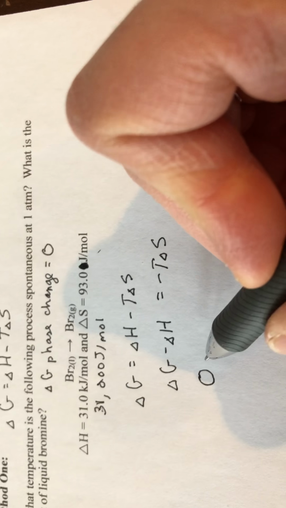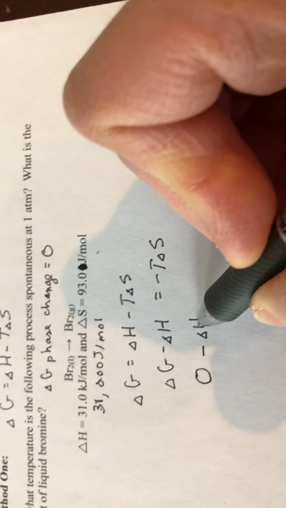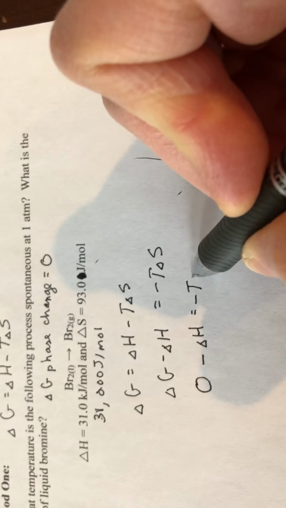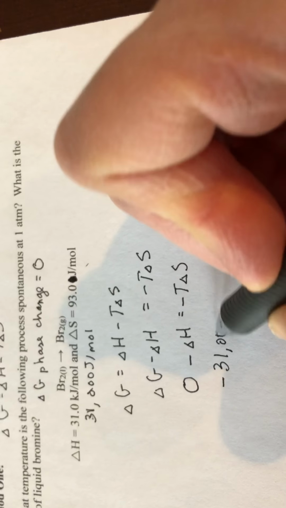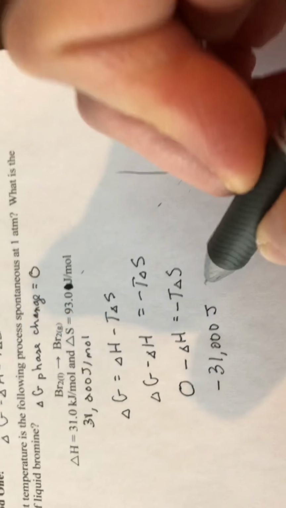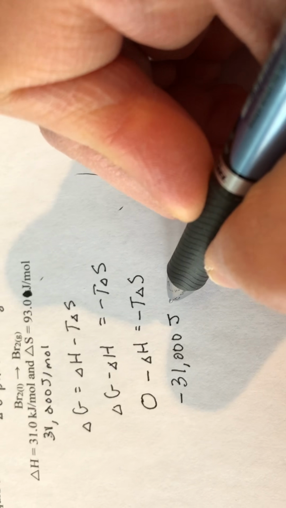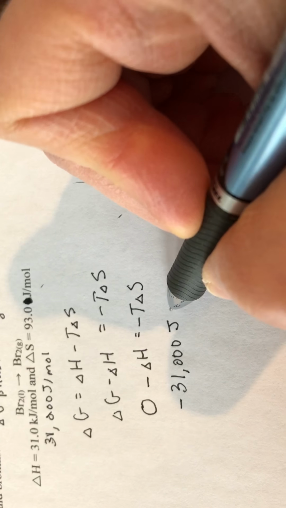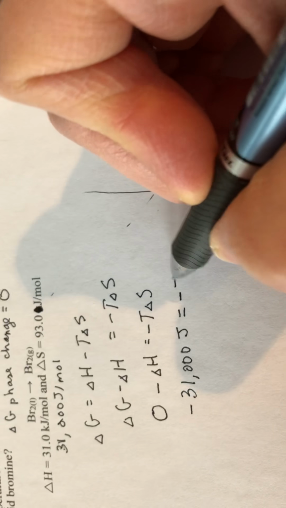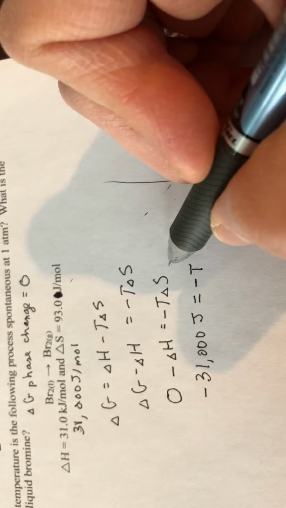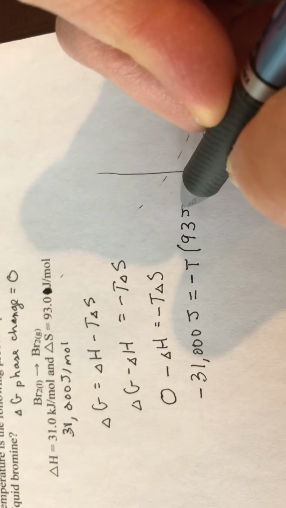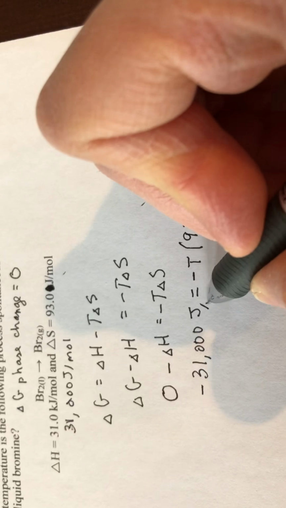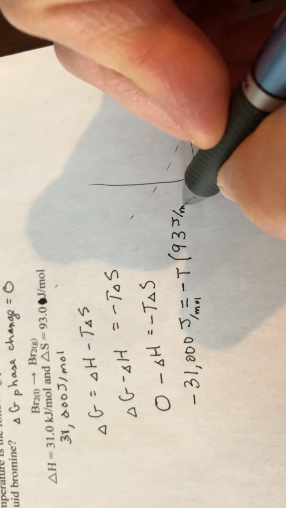Delta G is equal to 0, so we're going to have negative delta H is equal to negative T delta S. My delta H is 31,000, so it's just going to be negative 31,000 joules, is equal to negative T times delta S, so that's a 93. That's going to remain 93 joules. This is a kilojoule per mole. This is a joule per mole.